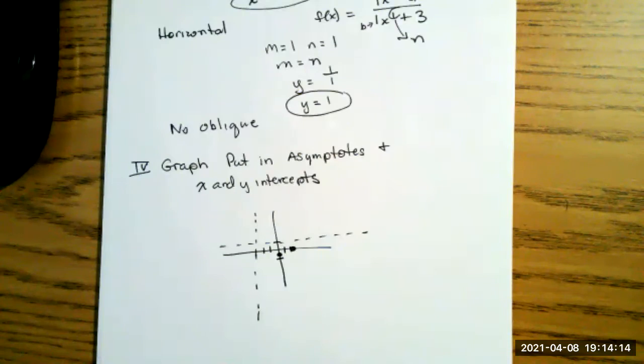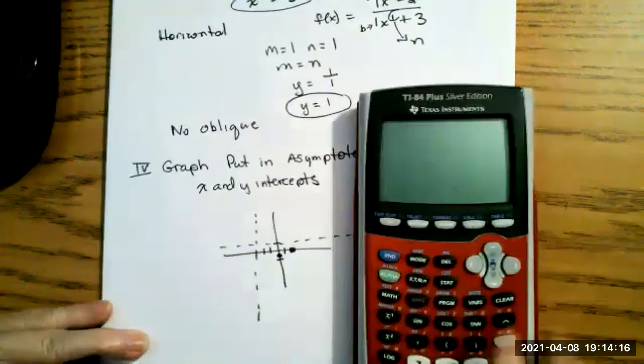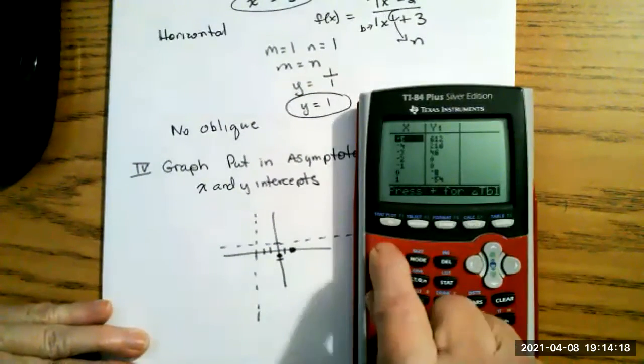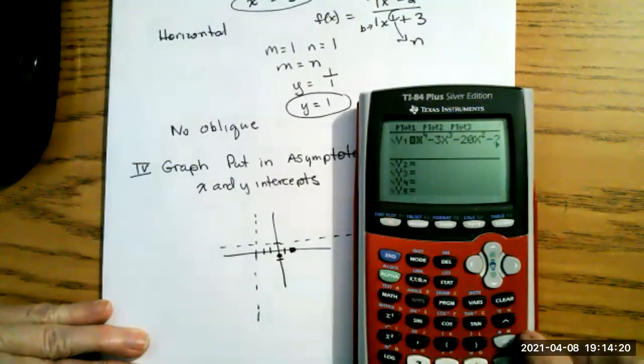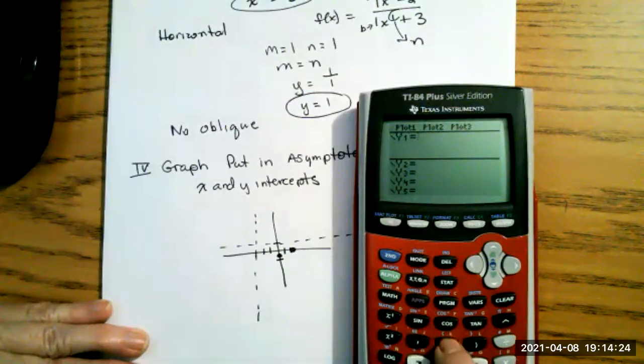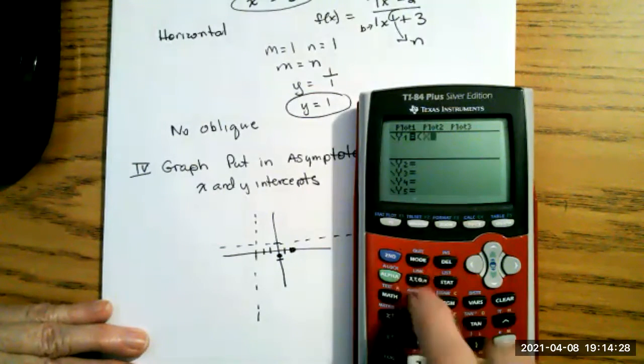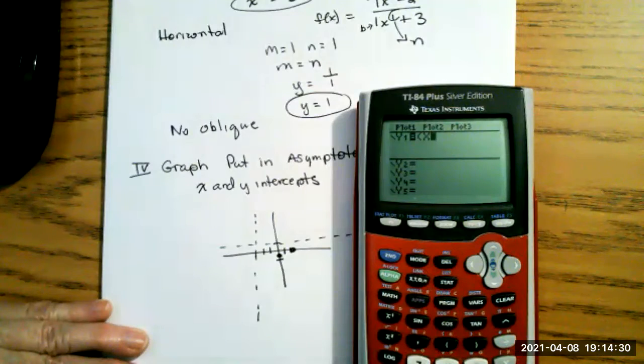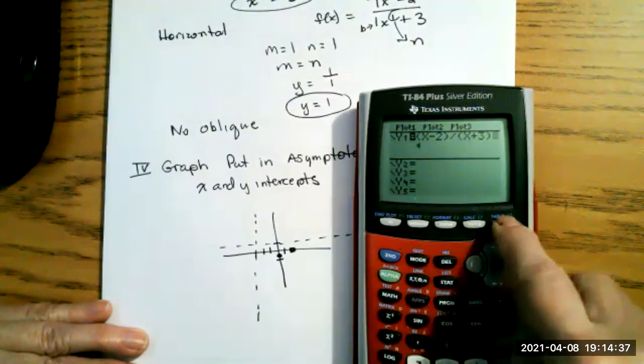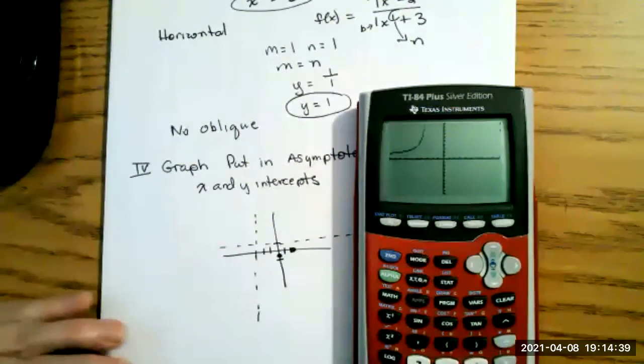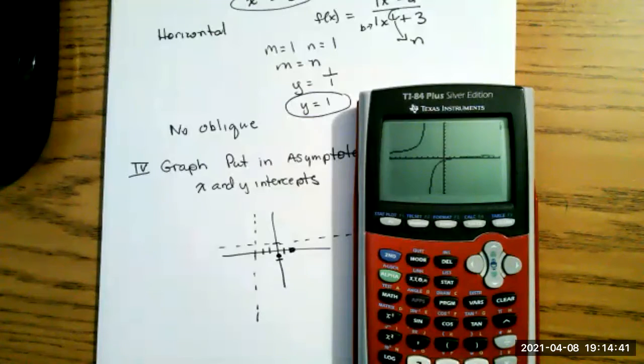Now, it's probably going to be advantageous for you to actually put a graph in here until you get used to doing these. If you have a top part, you want to put it in parentheses, x minus 2 on the top, divided by parentheses x plus 3 on the bottom, and just get a picture of it so you can see how the shape of the curve looks.